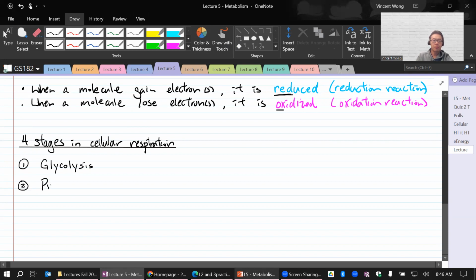Second one, it's pyruvate oxidation. And then we have citric acid cycle, also known as Krebs cycle.